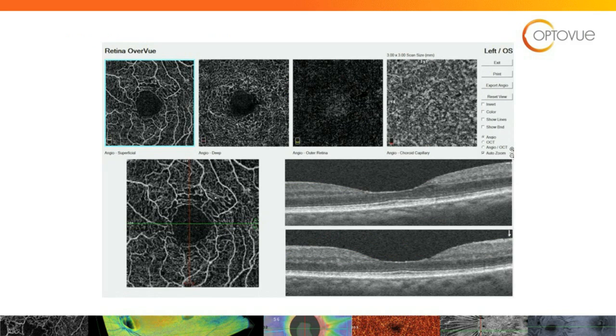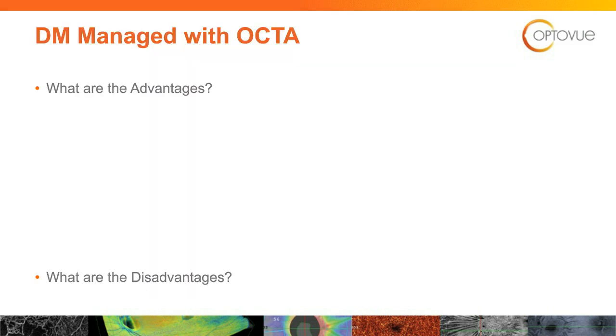You can see the FAZ perimeters getting bigger, the area is getting bigger, and you can certainly see some capillary dropout in that area as well. So this is something that we've started scanning almost all of our diabetics. When we have a diabetic come in to get an OCT angiogram, we see what that capillary network looks like in these patients.